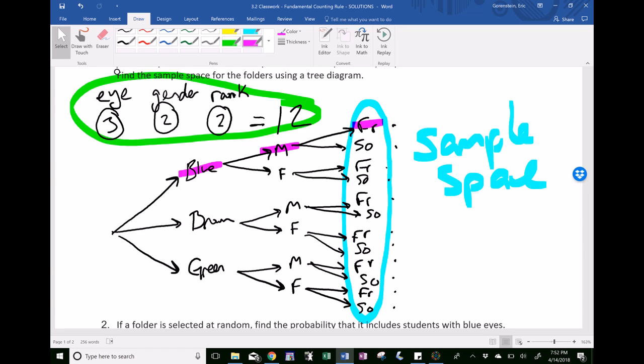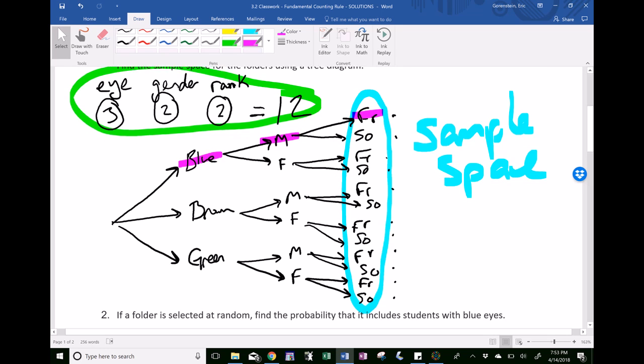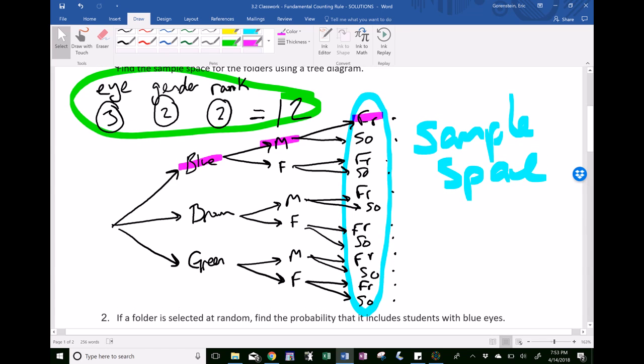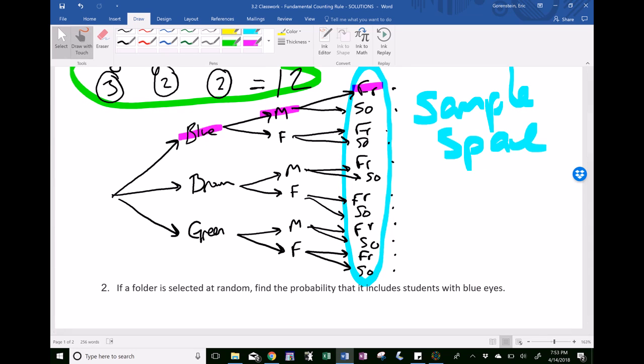Okay, so next question. If one folder is selected at random, find the probability that it includes a student with blue eyes. Well, blue eyes would be all of this. So that would be 4 out of the possible 12 student files.